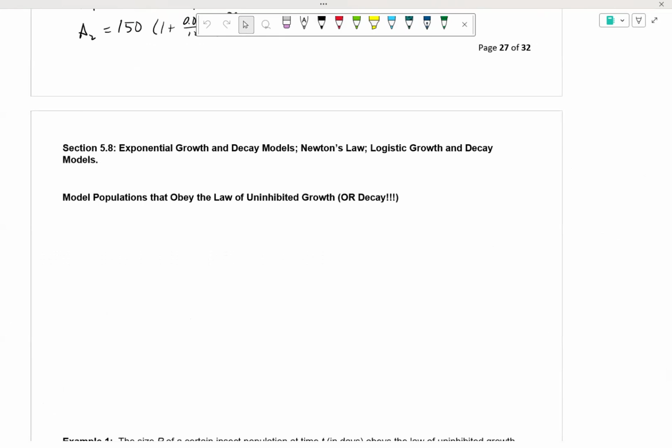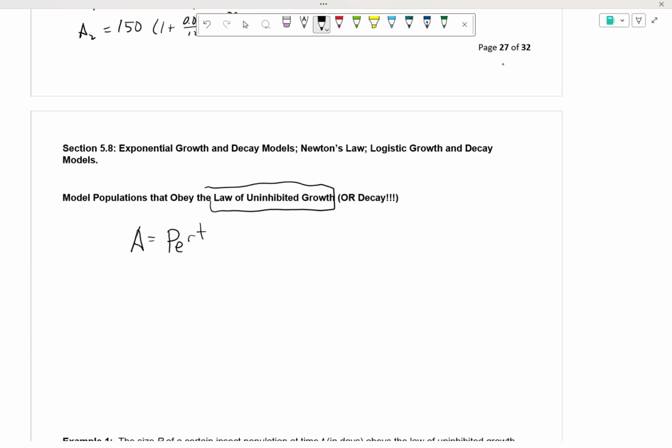Today, there's one thing for you to memorize and many things for you to understand. The first law we're going to talk about today is called the law of uninhibited growth or decay. What is this? This is on the left. And this is A equals P times e to the rt.